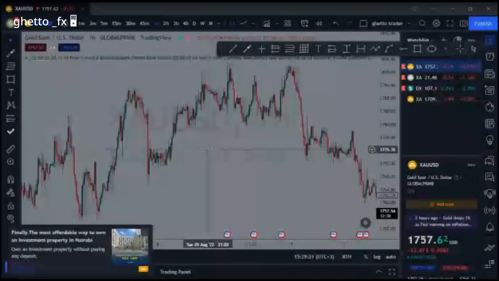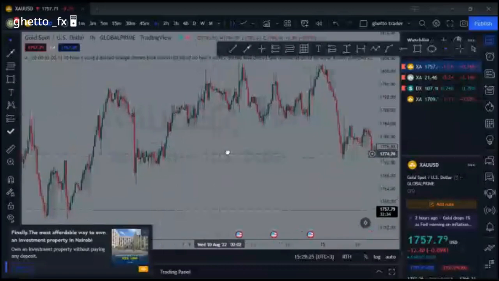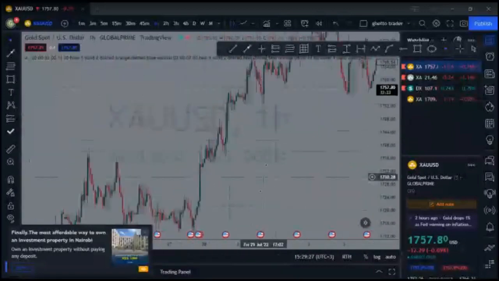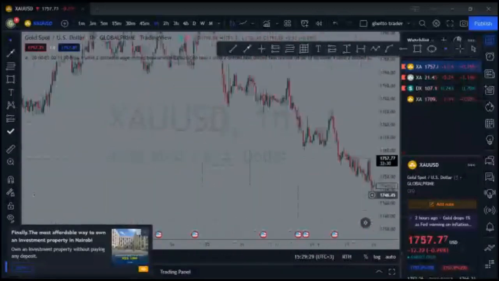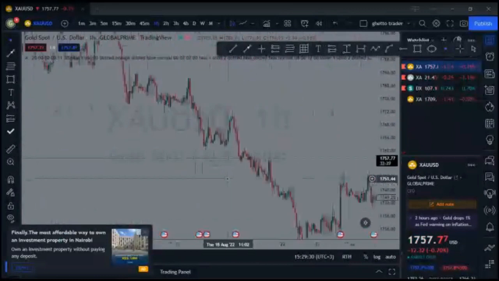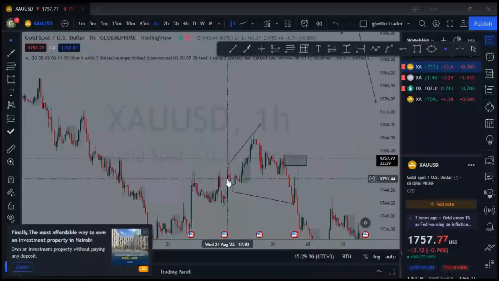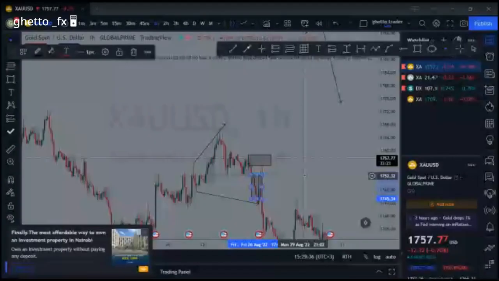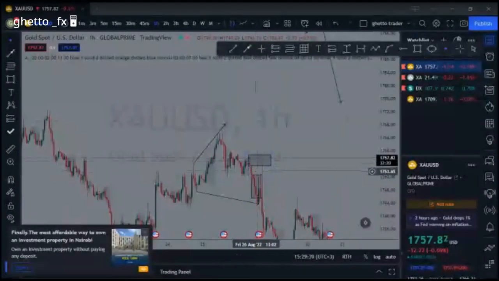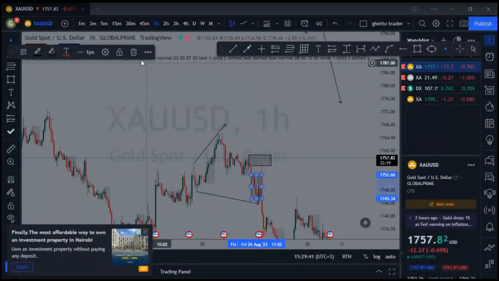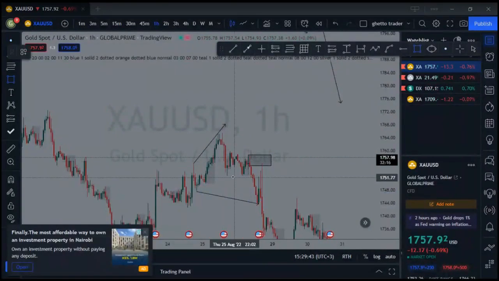For now, you can see in this setup, everything was here. The things that I've shown you were here. The SR, you can see those. Let me show you. SR here.